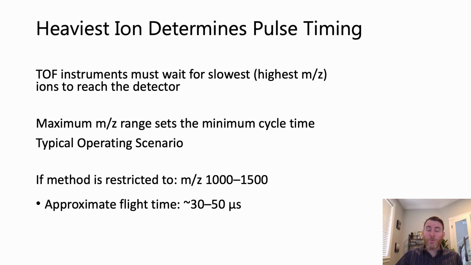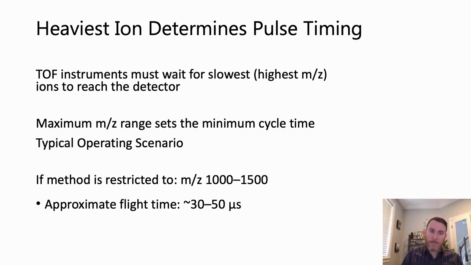But if you restrict, for example for small molecule quantitation, your M over Z to, let's say, 1000 to 1500, which is usually the interface where we would consider it not a small molecule anymore but probably a peptide or a protein, then your approximated flight time is 30 to 50 microseconds.